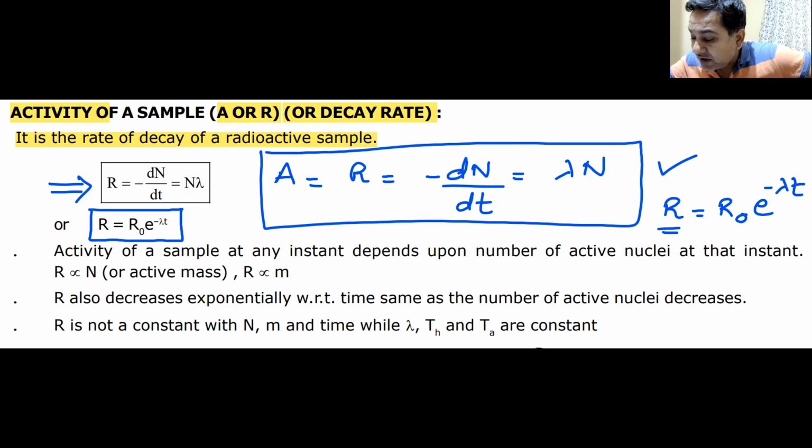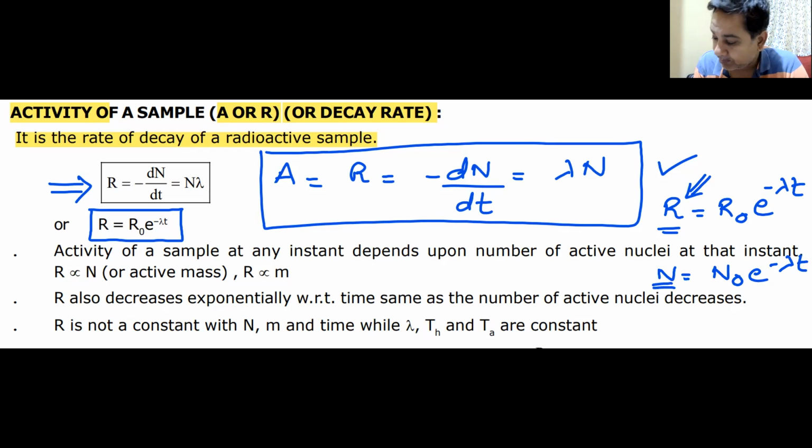Tell me what does R stand for here? This formula is exactly the same as N equal to N naught e to the power minus lambda t. In this formula, what does N stand for? Number of active nuclei at this time. Well done. Then what does R stand for here?